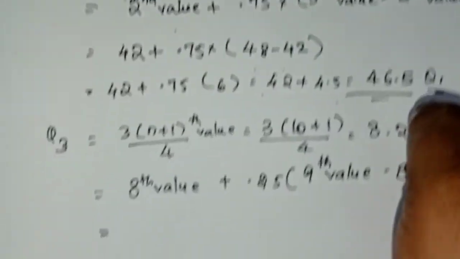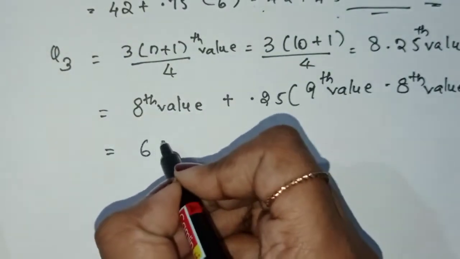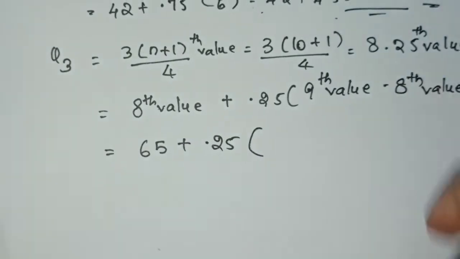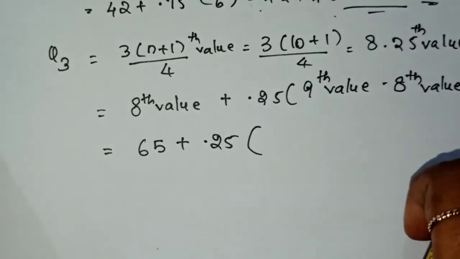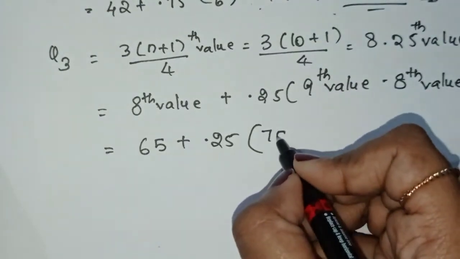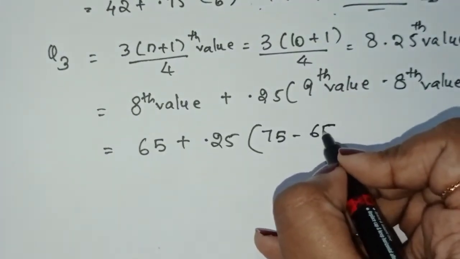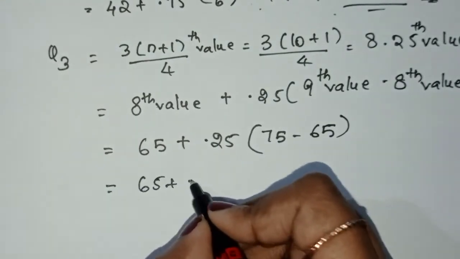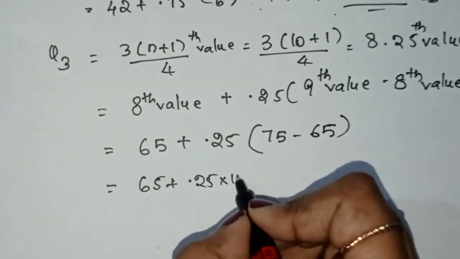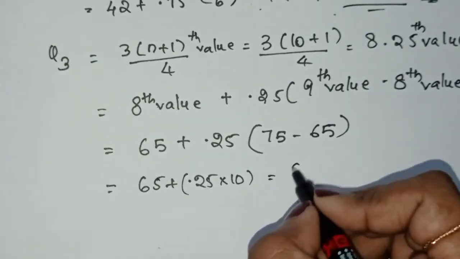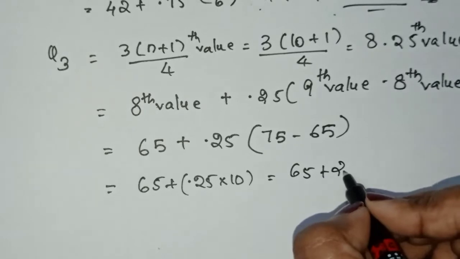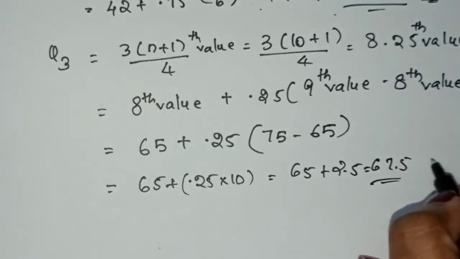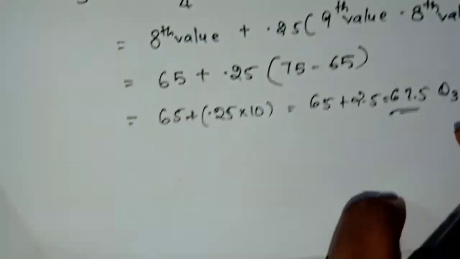Okay, so we'll write here 65 plus 0.25 into, we got the 9th value, that is 75 minus 65. So 65 plus 0.25 into 10, 65 plus 2.5, that is 67.5, and this is our Q3.